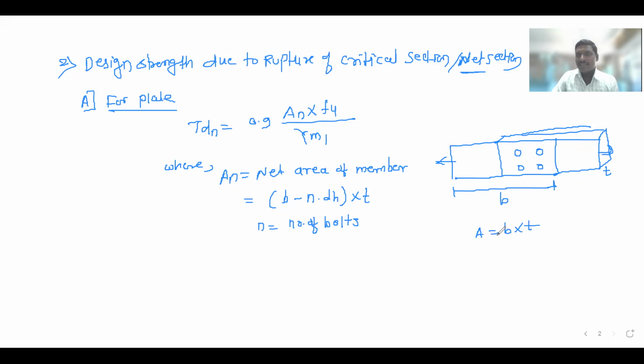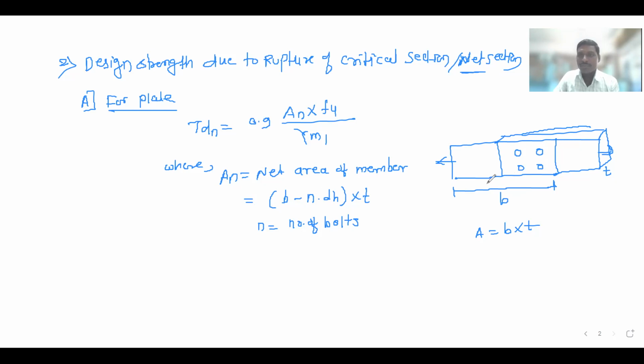Isn't that right? What will the area be? b into t. But they have asked for the net area. So net area means we have to deduct these 4 bolts from the particular area. So b into t, here b and t are there. So from b what do we do? Minus n into d_h. n is the number of bolts.